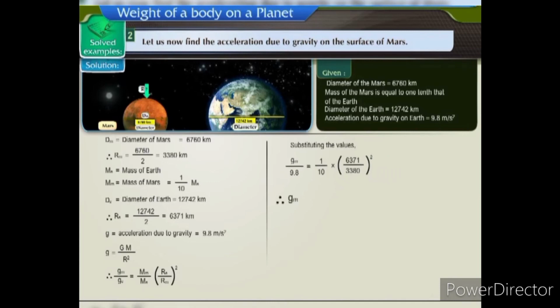Therefore, gm is equal to 1 upon 10 into 0.28146 into 9.8. gm is equal to 3.48 meter per second square. Acceleration due to gravity on Mars is equal to 3.48 meter per second square.